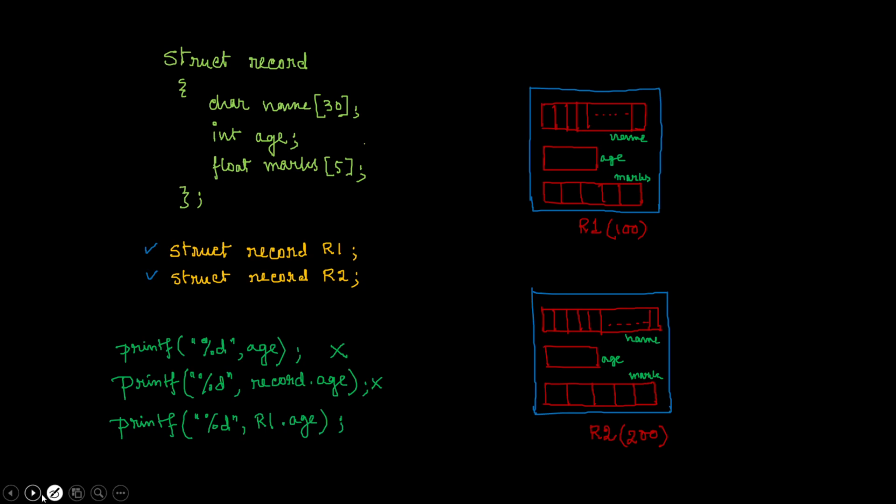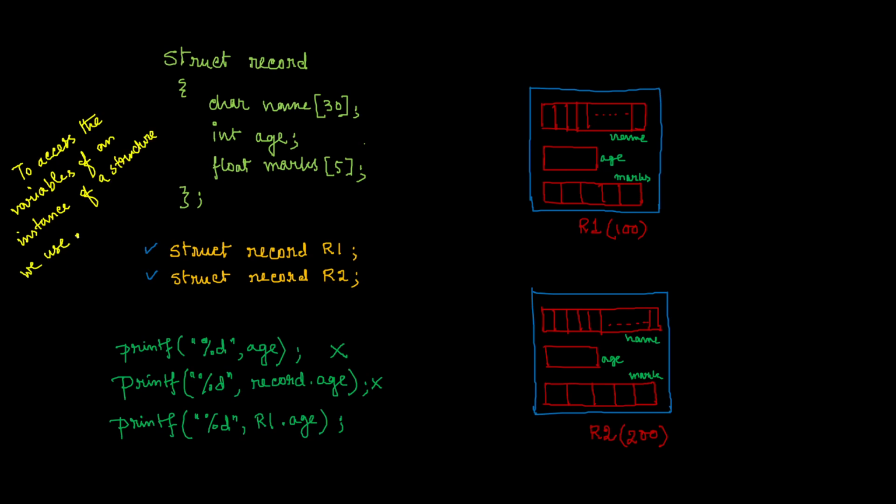So there is one thing we can note. To access the variables of an instance of a structure, we use dot.